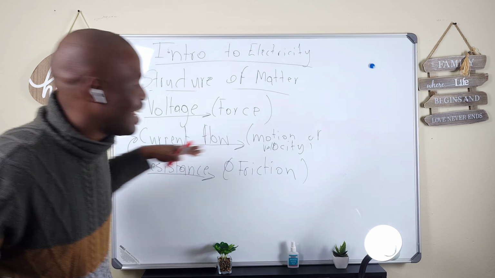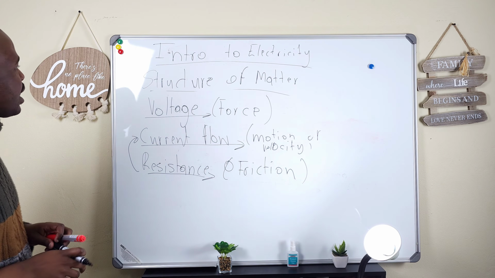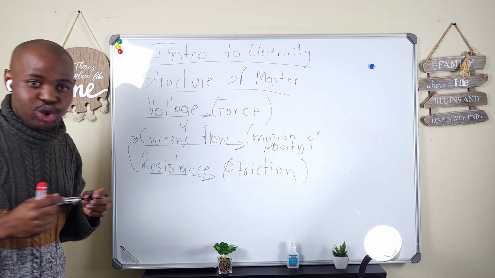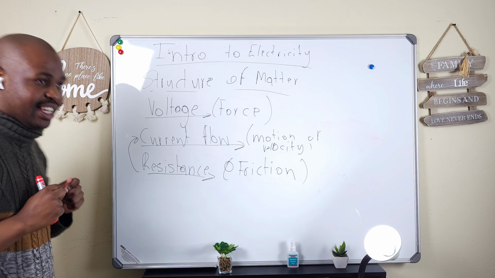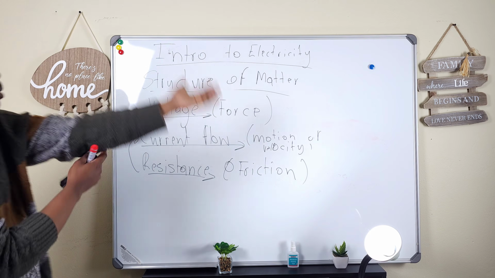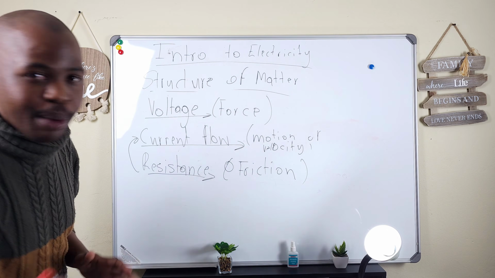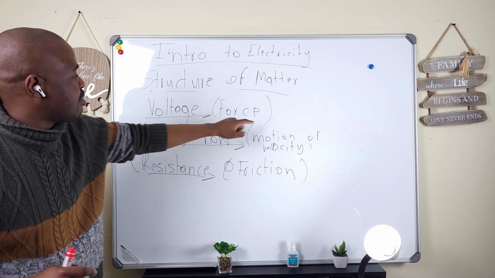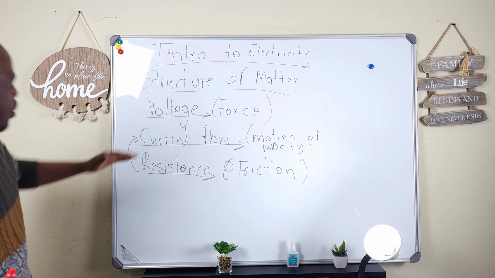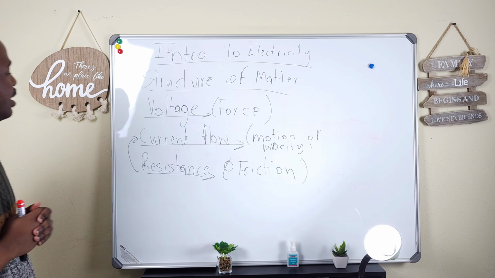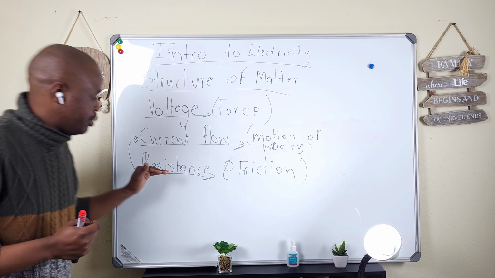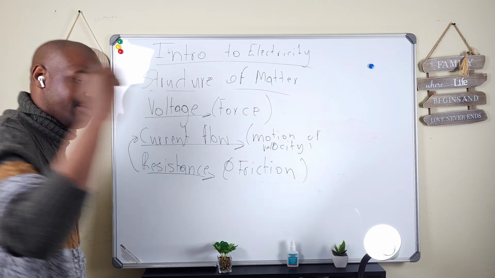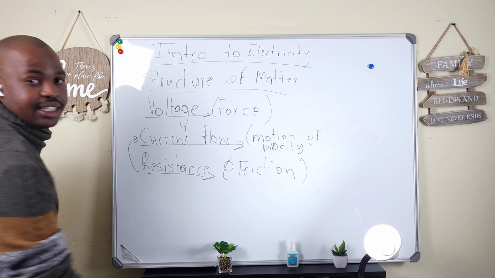It opposes the movement of current flow. Based again, guys, on what I have just introduced to you, that electricity is the movement of free electrons through a material, it means we must have a voltage, we must have current flowing, and there will obviously be a certain amount of resistance for us to have electricity.